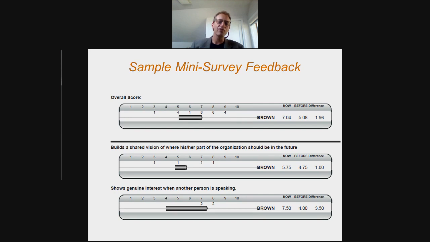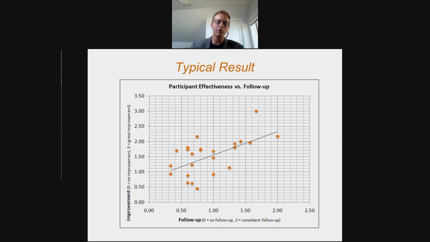Now, if you took the averages of how people score on surveys like this and the extent to which they actually involved other people, the contact sport notion, and you plotted a correlation between those two, we invariably get a graph like this. Now, each of those orange dots is a human being who participated in a leadership program, which began with a 360.